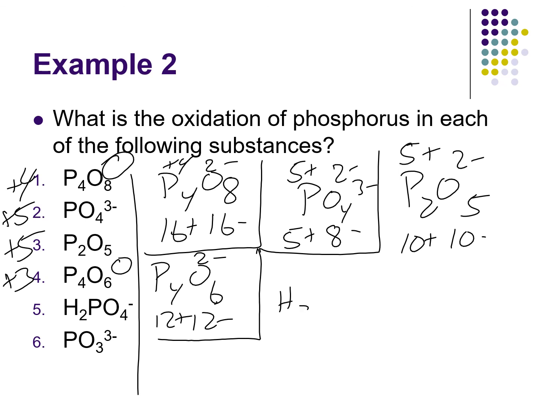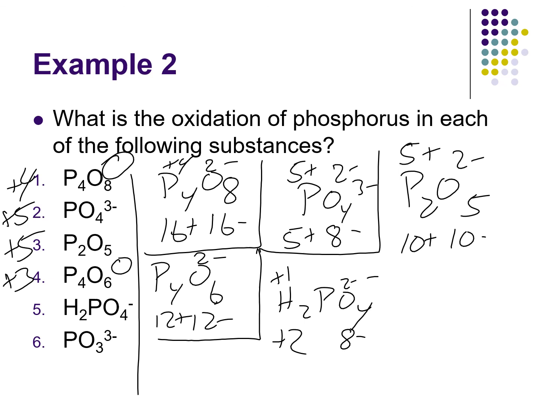Now H2PO4 is a little sneakier. Again, I can say, okay, oxygen is a 2 negative, gives us 8 negative total. Now there's hydrogens here. Remember, hydrogen will be plus 1 unless it's attached to metals, which it's not. These are all nonmetals. So each hydrogen is a plus 1, which gives us a plus 2.